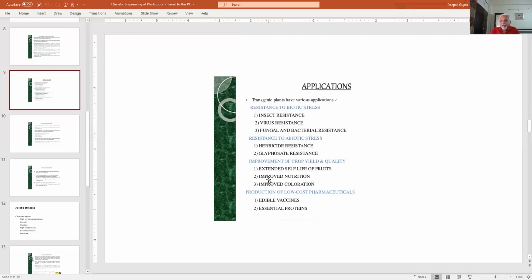And then you have improved nutrition contents of a crop, like golden rice, for example, I gave. Or we can change the oil contents of an oil-producing crop like sunflower or mustard, or the quality of oil, how much and what kind of oil a plant will produce.